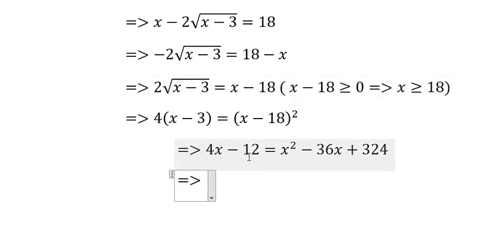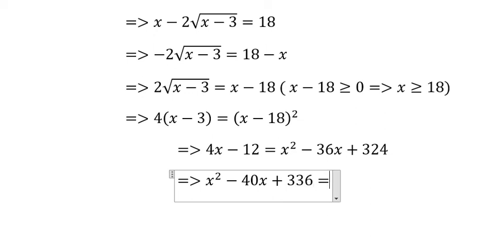We put 4x and negative 12 on the right. So we can find the solution in here.